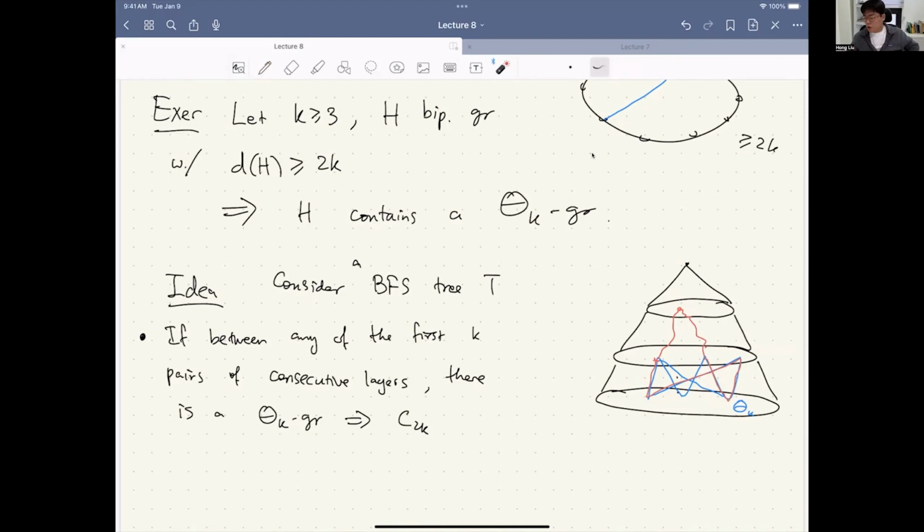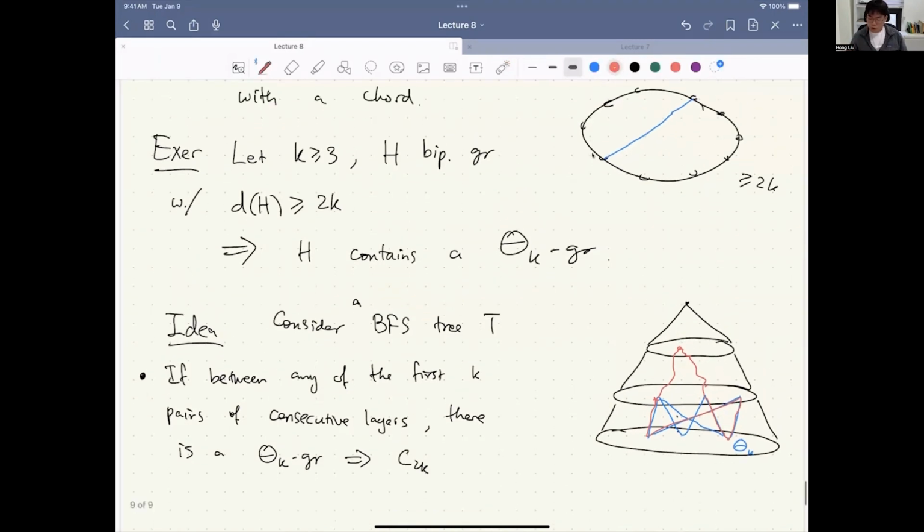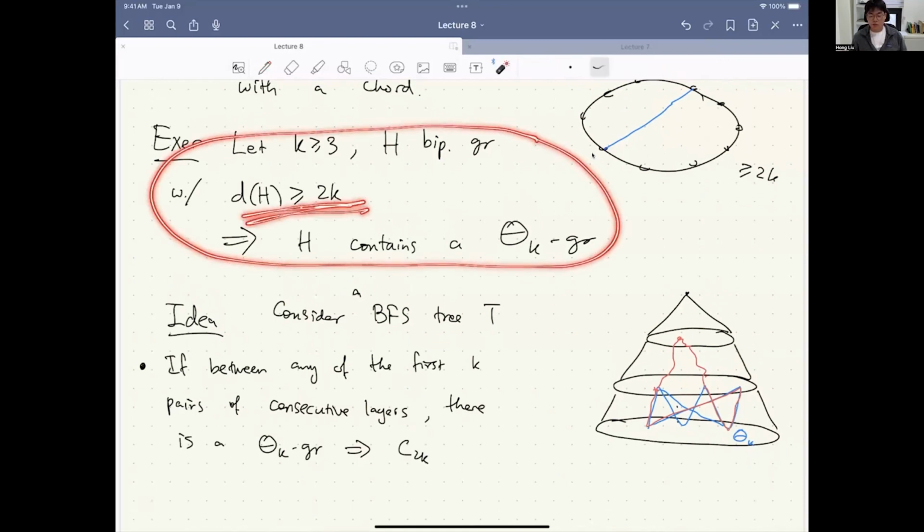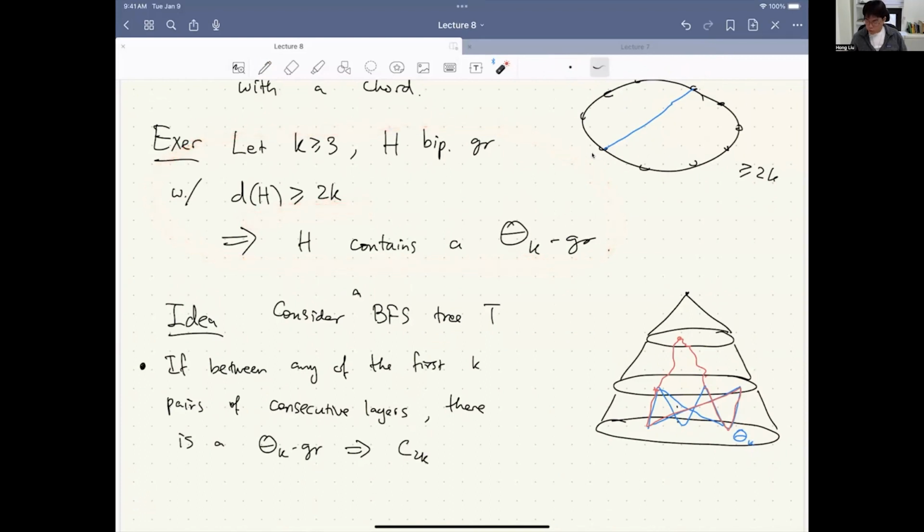What that will require is that, okay, let's first see what this implies. We also know by the exercise above that when you have just constant average degree, you already contain a theta-k as a subgraph. And we know that between any two consecutive layers, you cannot have a theta-k as a subgraph.